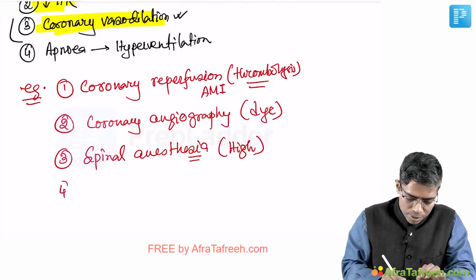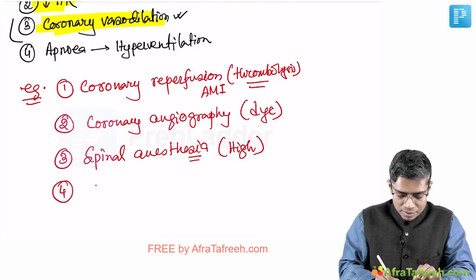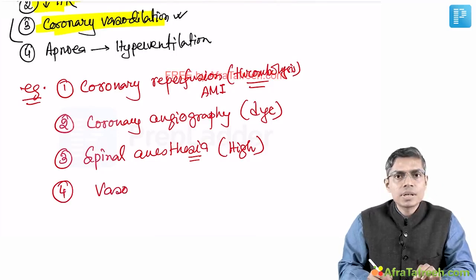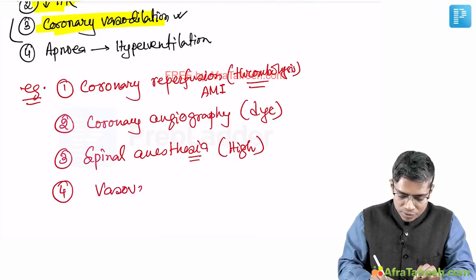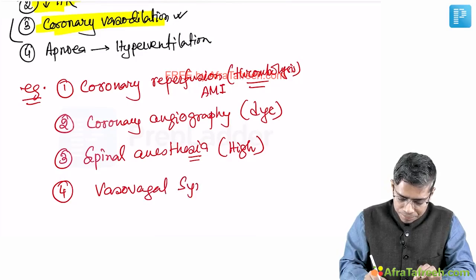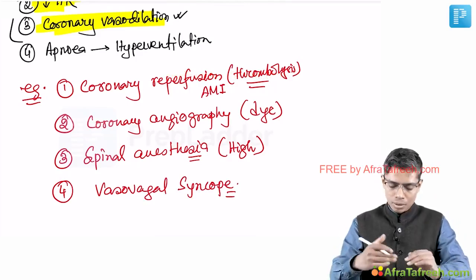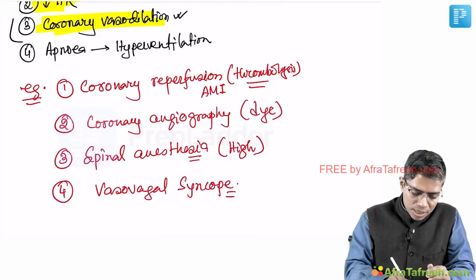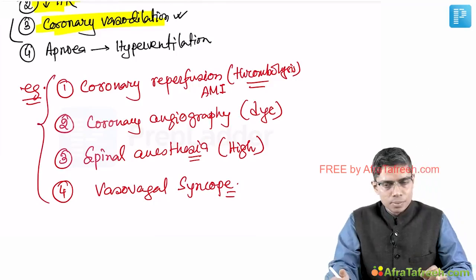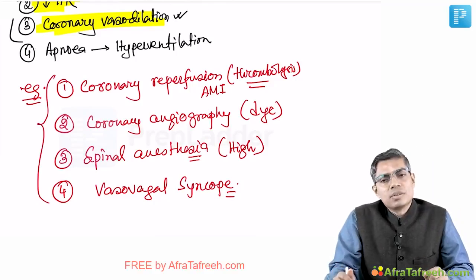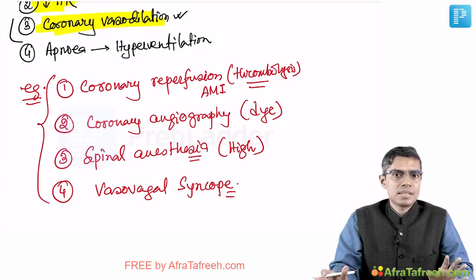And number 4, some of the vasovagal syncope is also due to Bezold-Jarisch reflex activation. Although the reason is not known, it is experimentally proven that some vasovagal syncope is due to activation of this reflex, right?